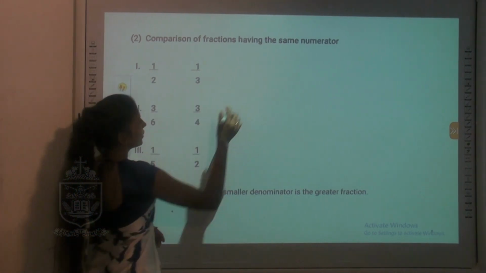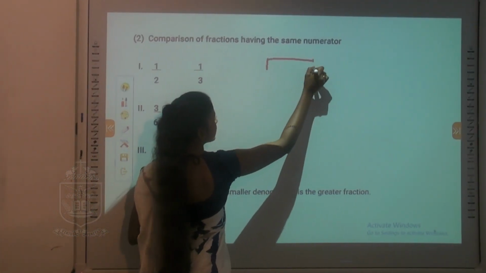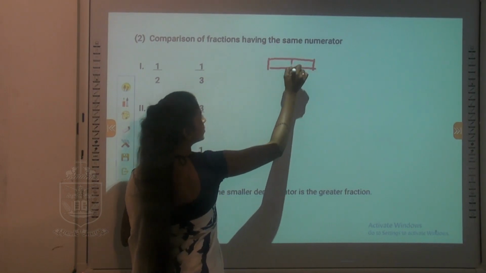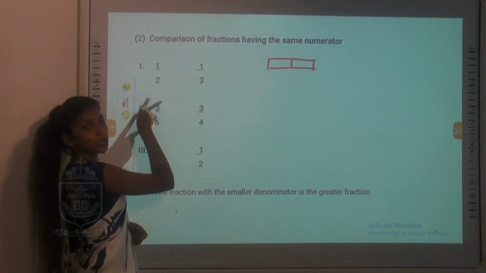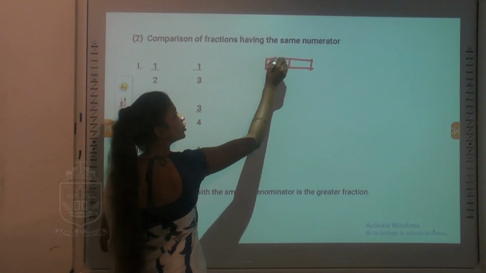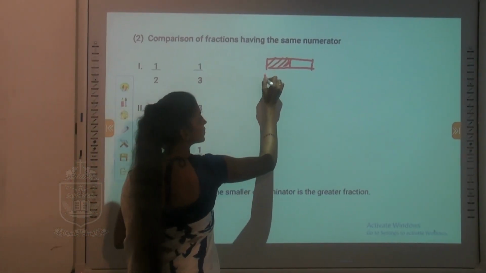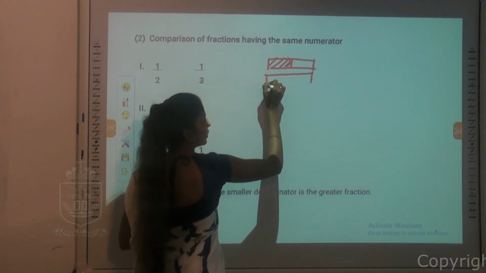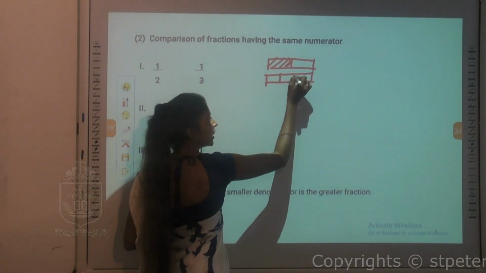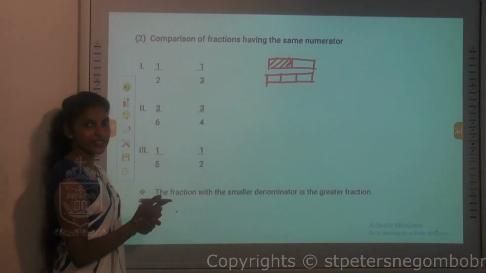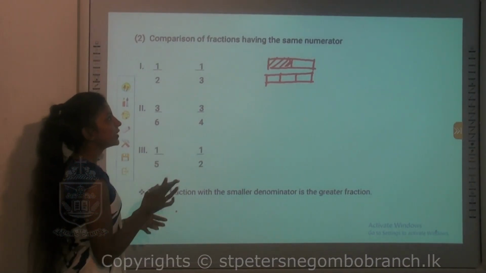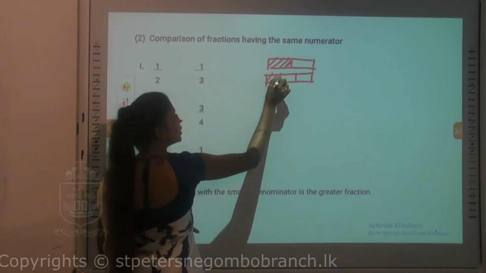Let's think you have a rectangular portion like this and it is divided into 2 equal parts. I'm going to express 1 over 2 and I'm going to shade only one part. Then the second fraction, that is 1 over 3. The same rectangular portion is taken and I'm going to divide it into 3 equal parts. Assume that it is equal and then I'm going to color only one part.